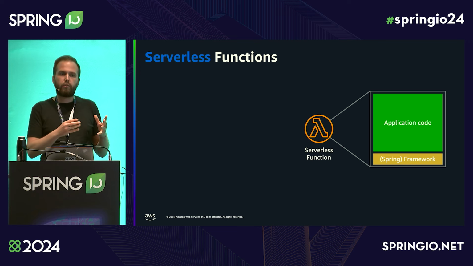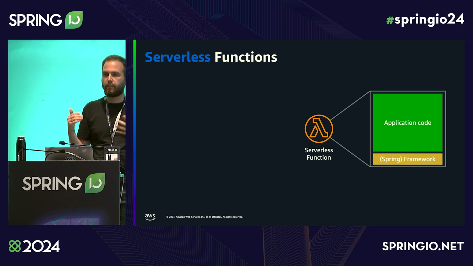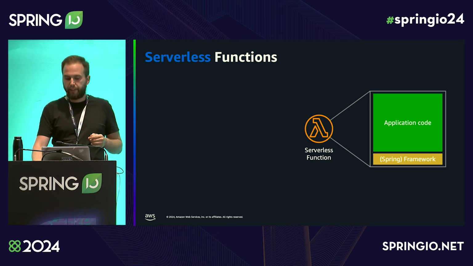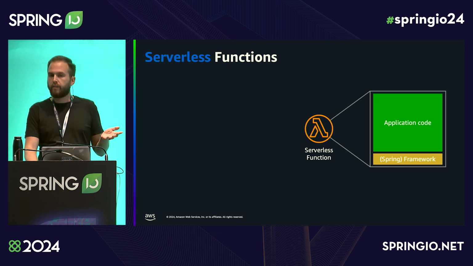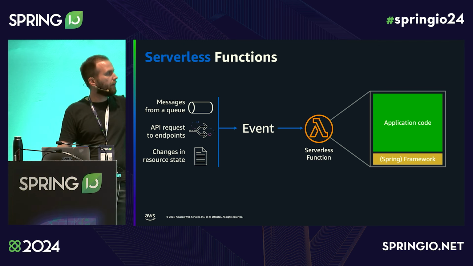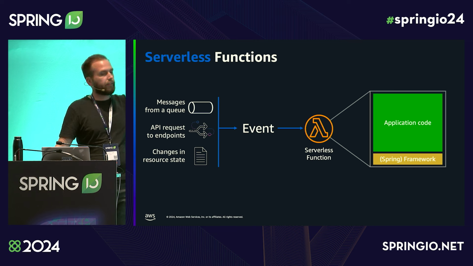And therefore the function itself is also not sitting there idle until something is happening. Functions usually scale to 0. So what does that mean? How can you scale to 0? How do you wake up the function when something happens? This is done because with Lambda the function is only run when you are actually receiving an event.